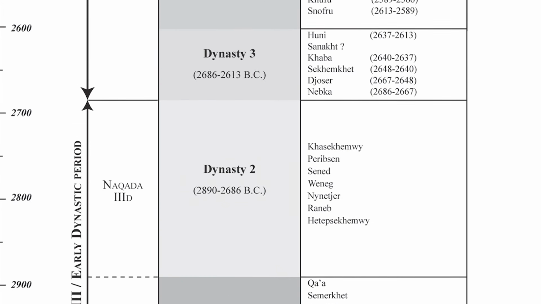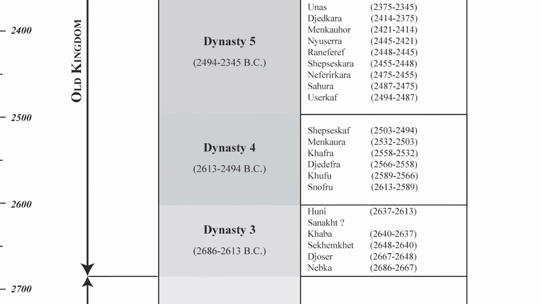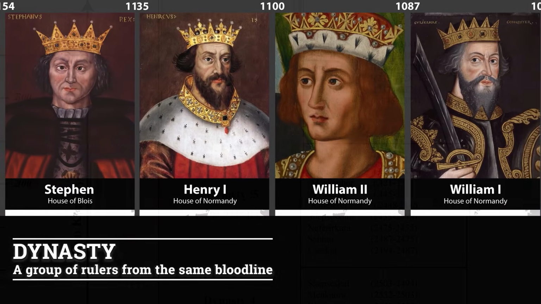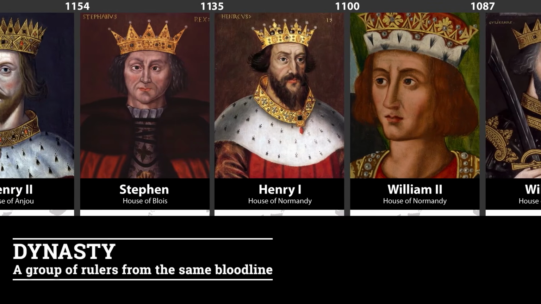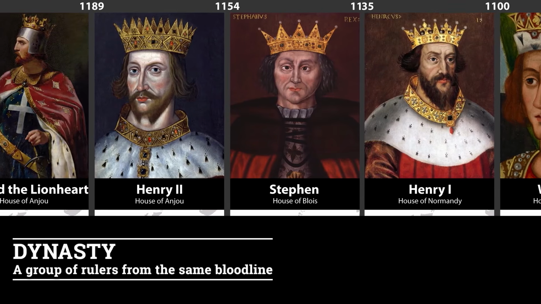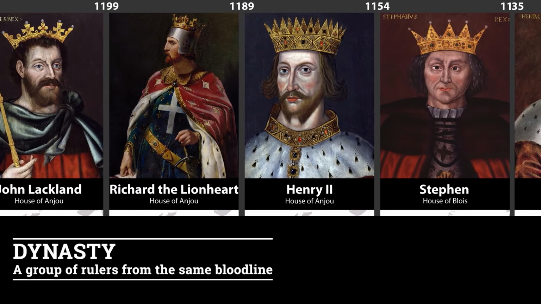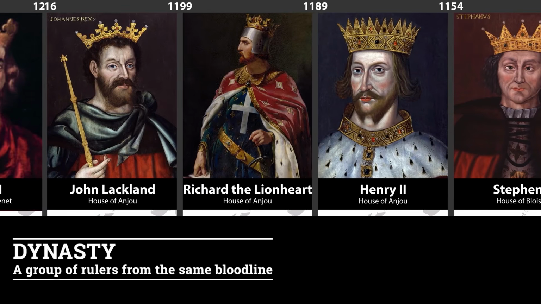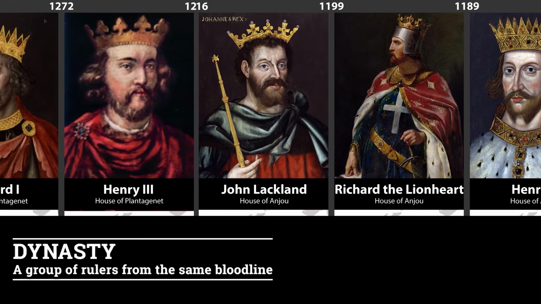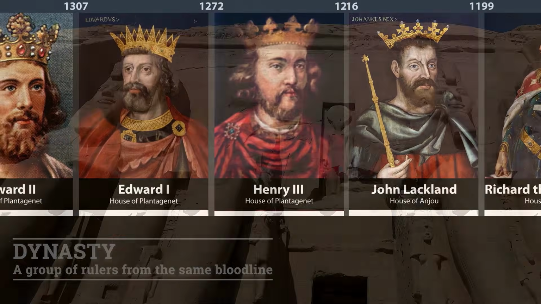Within this text, Manetho invented the concept of splitting Egyptian rulers into something called dynasties. Now, when we think of a dynasty in the modern world, we think of a group of royals related by blood. But for Manetho, this was only sometimes the case. For him, what was more important was cultural and political continuity, rather than a direct bloodline.